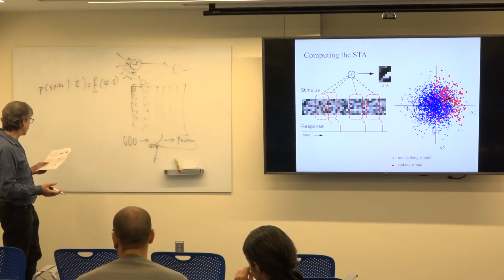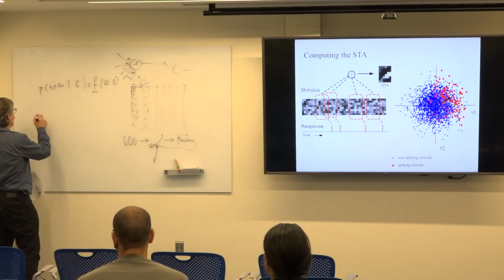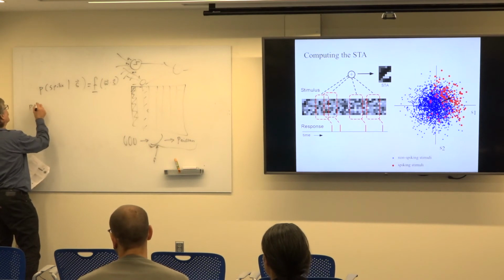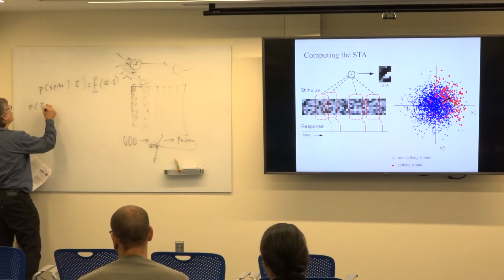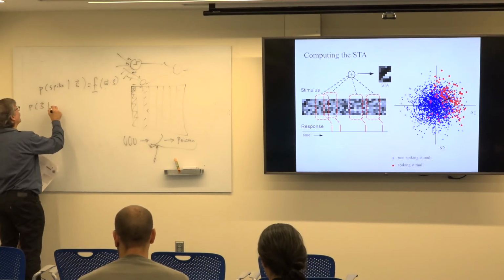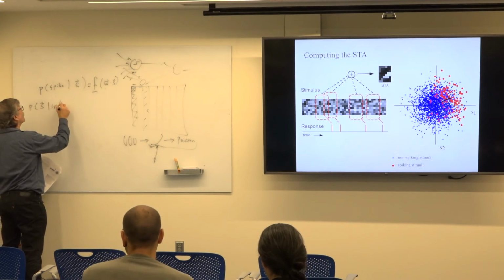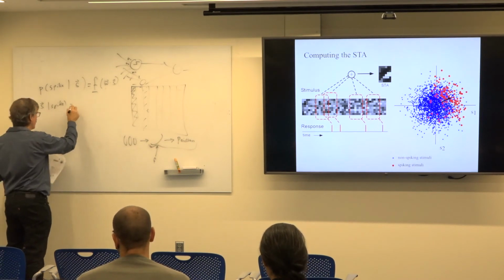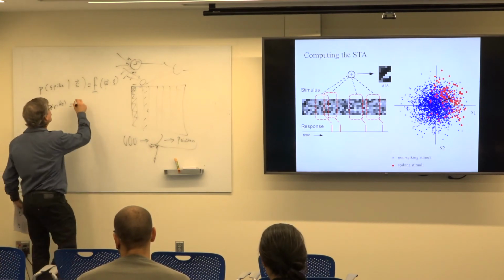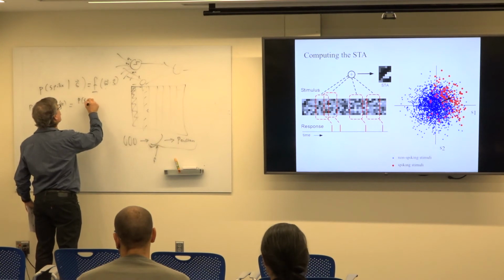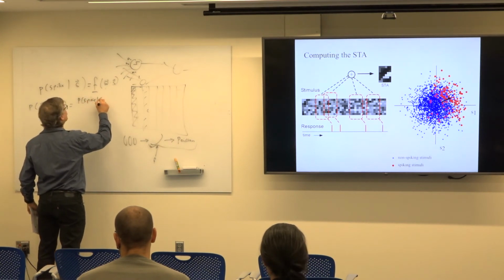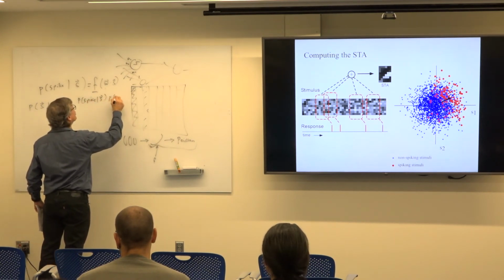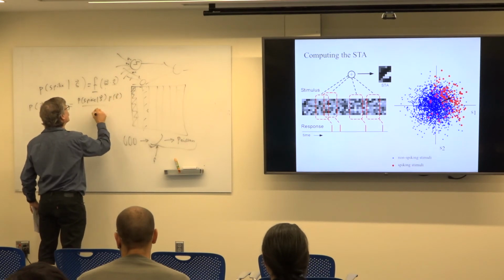Okay, so now let's do Bayes' rule. So what's the probability of getting the stimulus I got on the screen given a spike, where again, stimulus, that's the 6/8 just before the spike, that's what I mean by this, is going to be, do Bayes' rule, get probability of spike given the stimulus, probability of the stimulus, probability of the spike.